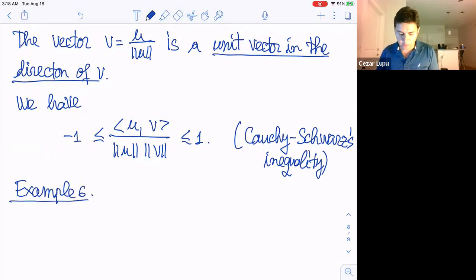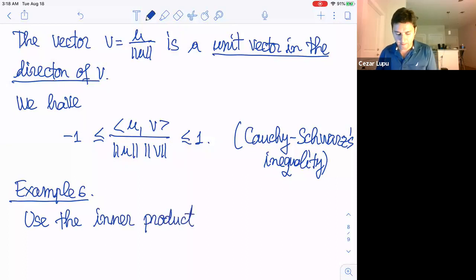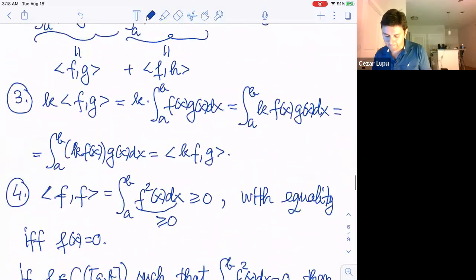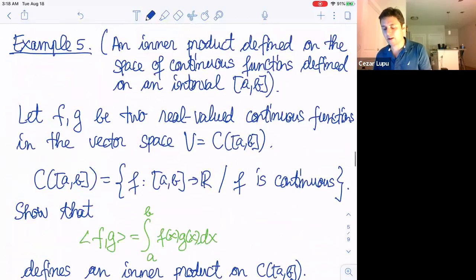Now use the inner product defined in example 5, yes, in example 5.